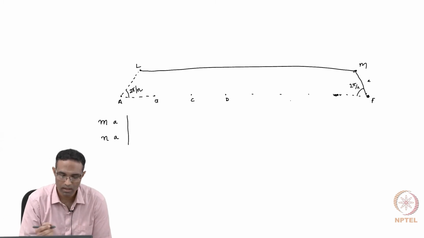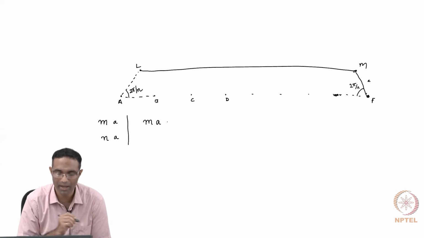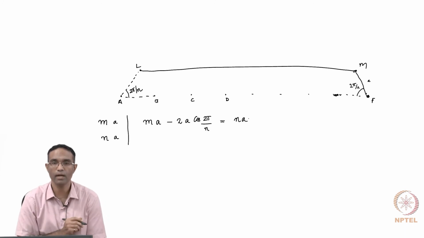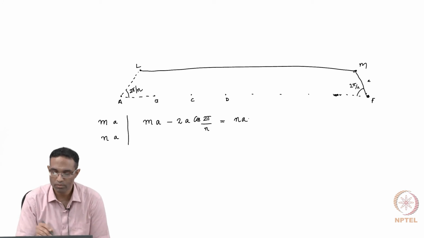So that would be the same thing. So it would be mA minus 2A times cos of 2 pi over n, and that is supposed to be equal to n times A.